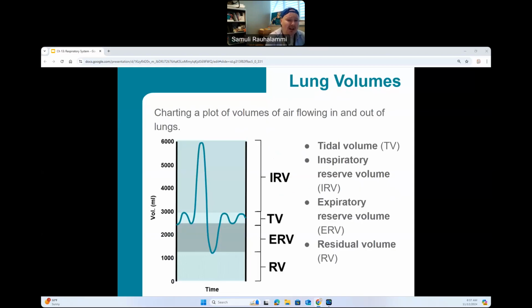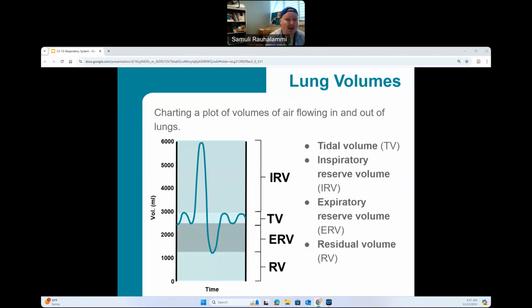I included this slide simply as a summary of what we've said, since I have less ability to use a pointer on these recordings. You see each of these: tidal volume, inspiratory reserve volume, expiratory reserve volume, and residual volume labeled there on the right-hand side of that trace.